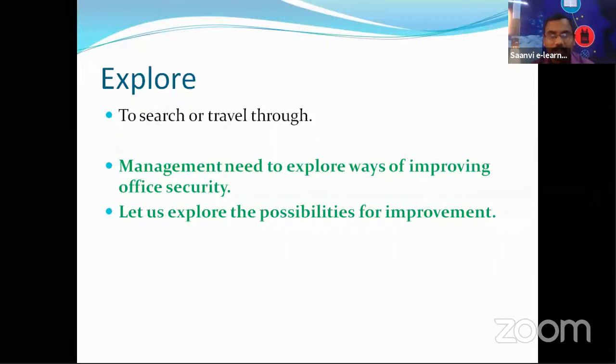And the second example is, let's explore the possibilities for improvement. Let's search for the possibilities for improvement. So here the word explore means to search or travel through.